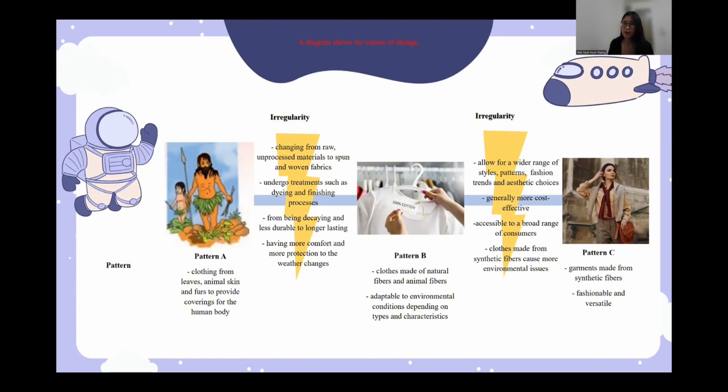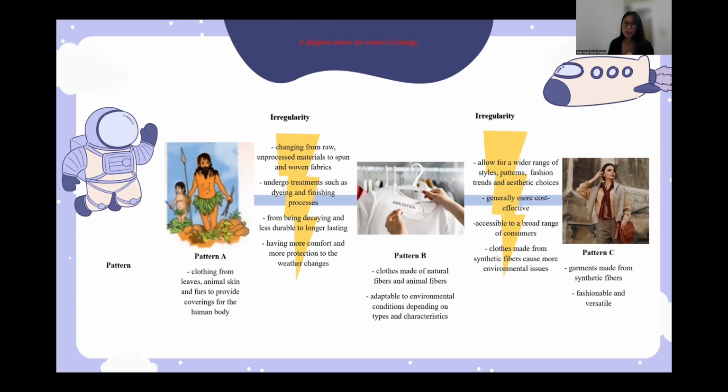The second irregularity is that clothing made of natural fibers had to undergo processes such as dyeing and finishing. Pattern A is from raw plant material, so it is easy to decay and less durable compared to clothing made of natural fibers.